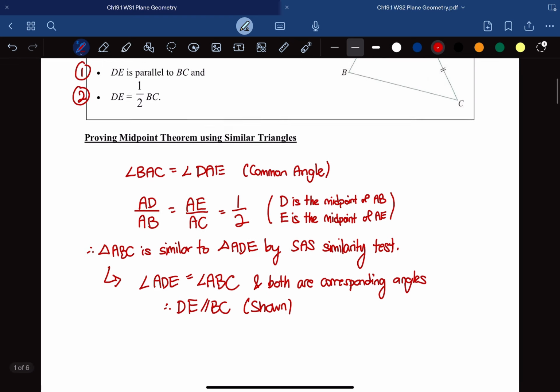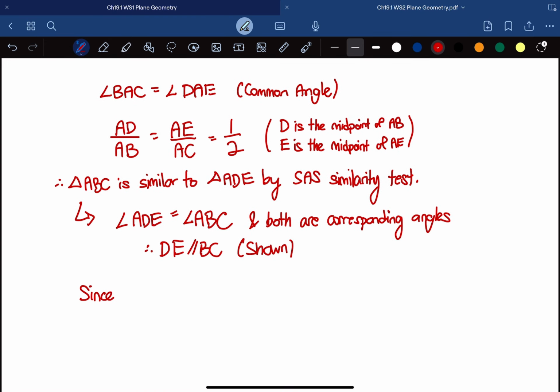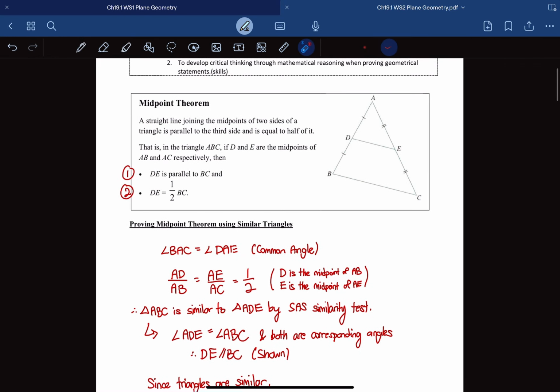So we can make use of the similar triangle property again. Since the triangles are similar, I can make the following ratio. Since the ratios of the sides are all the same, AD over AB is 1 over 2, AE over AC is also 1 over 2, which means that DE over BC is also 1 over 2.